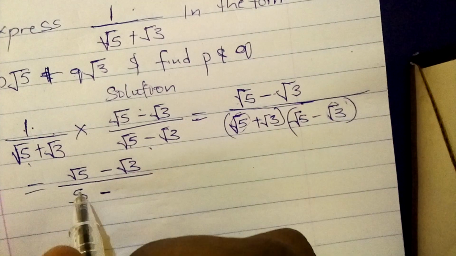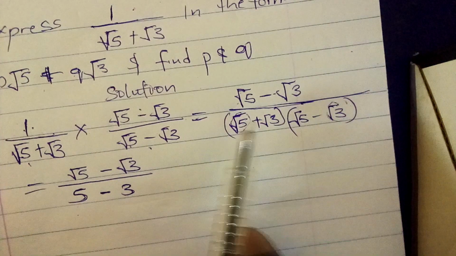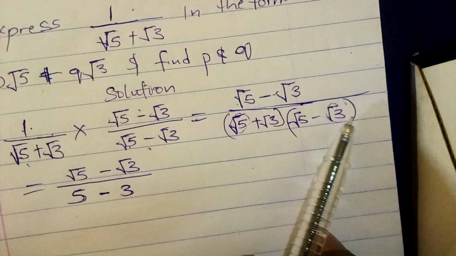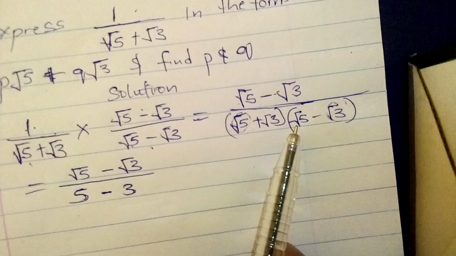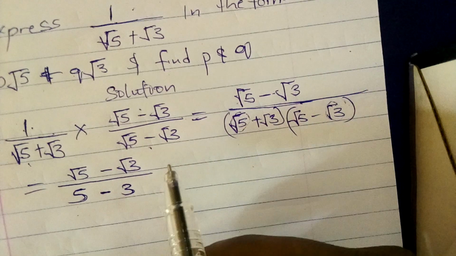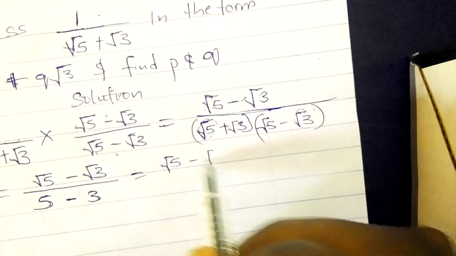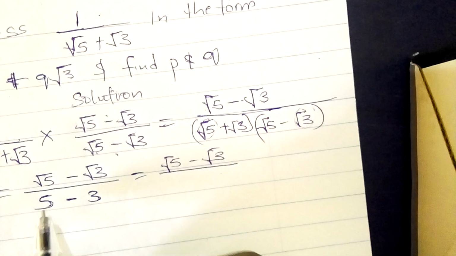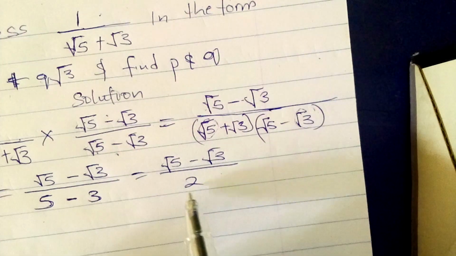If you have not watched the previous video, try as much as you can to do that so that you understand how this one will be only 5, while here will be 3. I didn't expand it further, I have to go straight to the point. So now this will give me root 5 minus root 3 over 5 minus 3, which is 2. So now we have gotten our final answer.